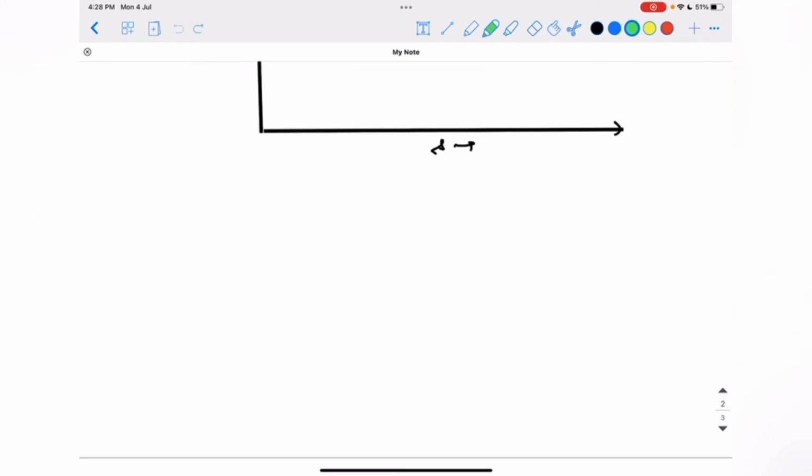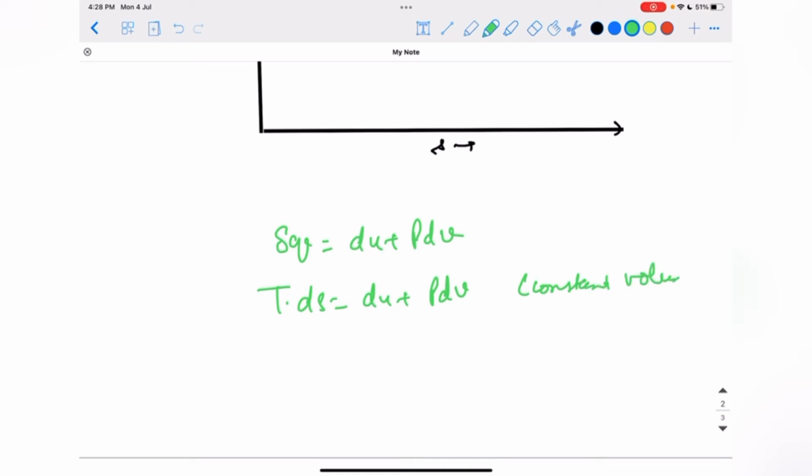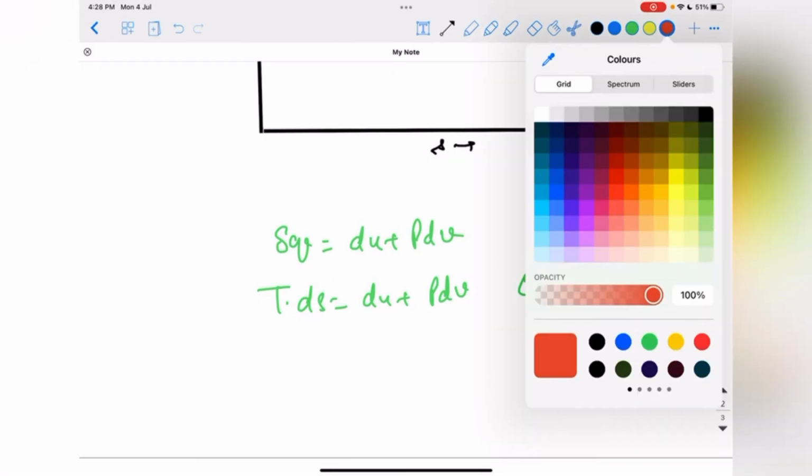See, from thermodynamics, we know that delta Q is equal to dU plus PdV. Or I can write this equation as TdS is equal to dU plus PdV. Now, for a constant volume heat rejection process, this PdV goes to 0.